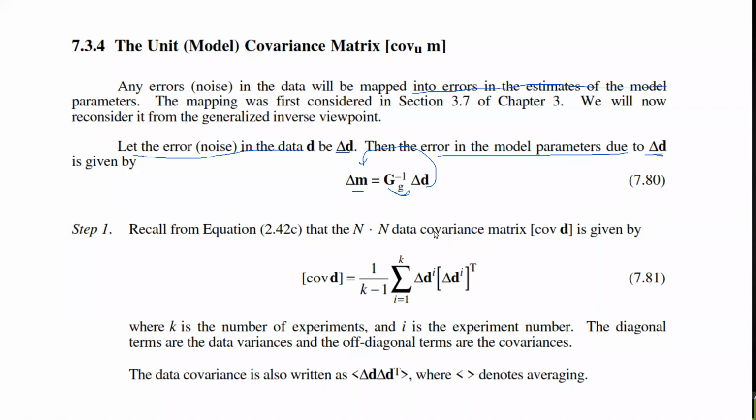Now recall that the data covariance matrix that we looked at is given by this one. And we can represent the data covariance matrix by this average, okay? And this is the averaging of the errors in the data.